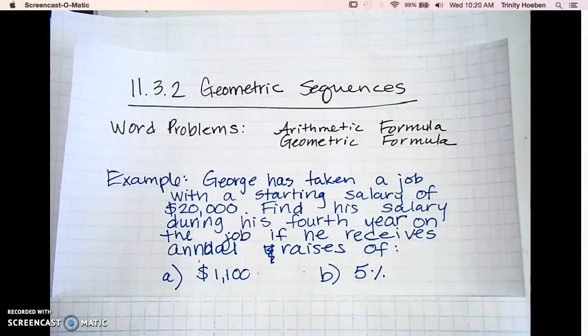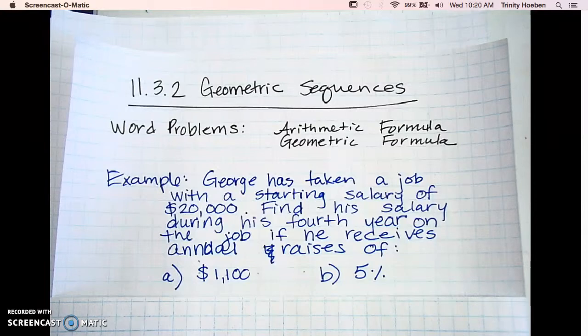And it says that George has taken a job with a starting salary of $20,000. Find his salary during his 4th year on the job if he receives annual raises of either $1,100 or 5%. Okay?